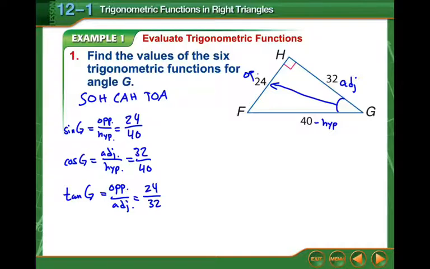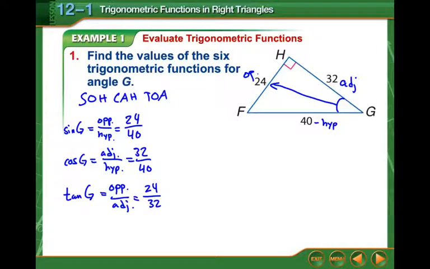Now, we need to take a look at the reciprocal functions. Those are going to be the cosecant, secant, and cotangent. So what I like to do to remember these ones and how they match up: cosecant has the co in it, which means it matches up with sine. So the secant doesn't have co in front of it, and it goes with cosine.